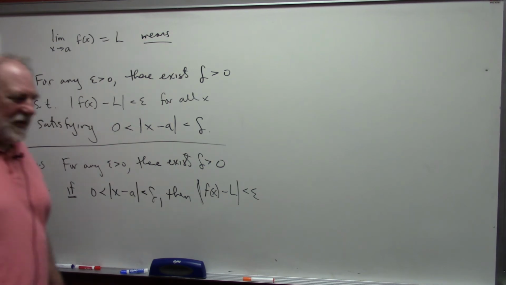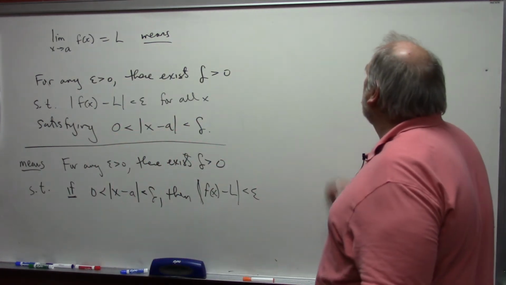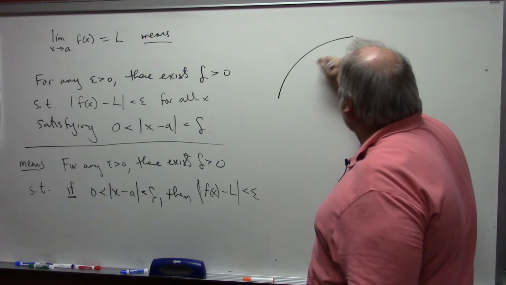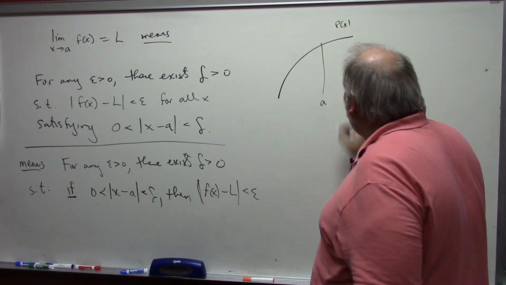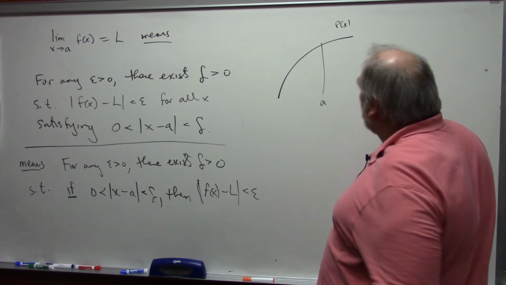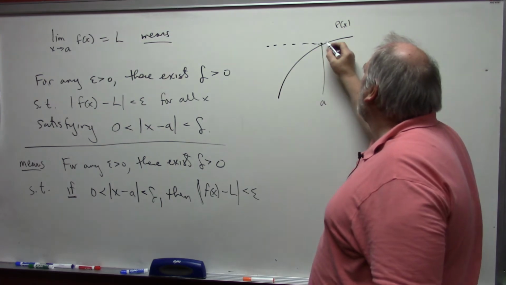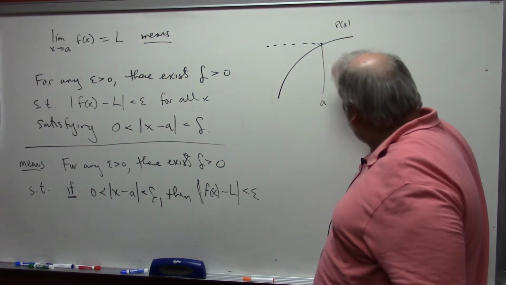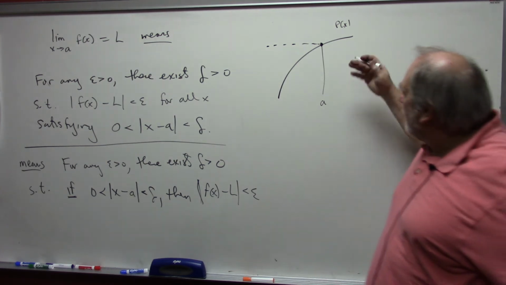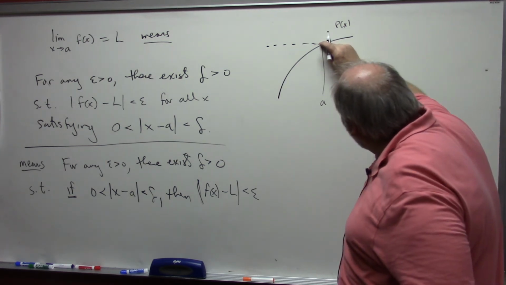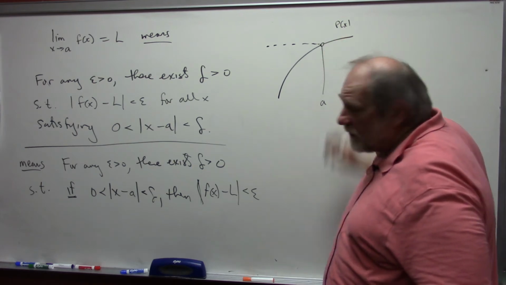Now, what does all this mean? Well, the idea is, intuitively, if I have some function f of x and some value a, x equals a, and what this says is that clearly in this particular circumstance I want my limit value to be that value here, but again, we don't actually have to have a point on the graph. We could have an open circle here and the limit would still be the same.